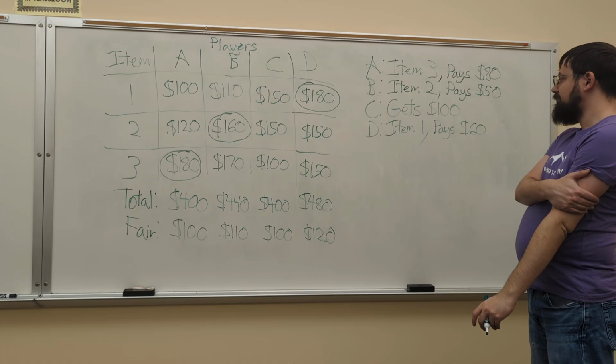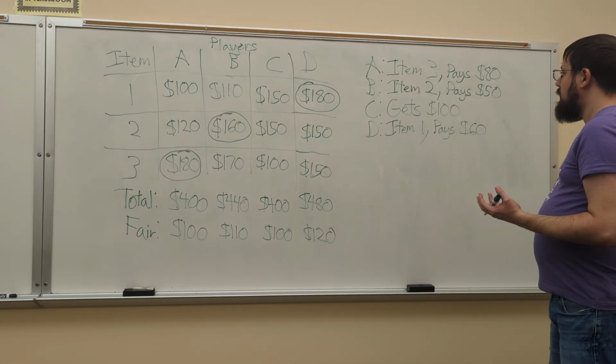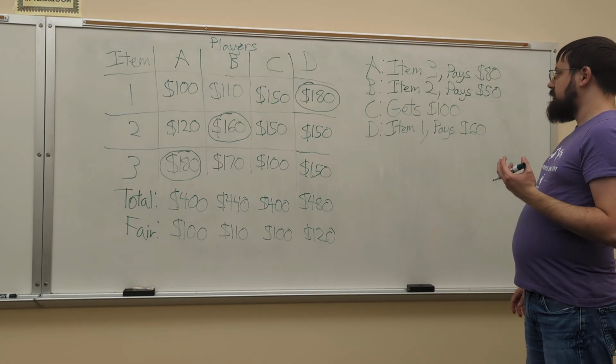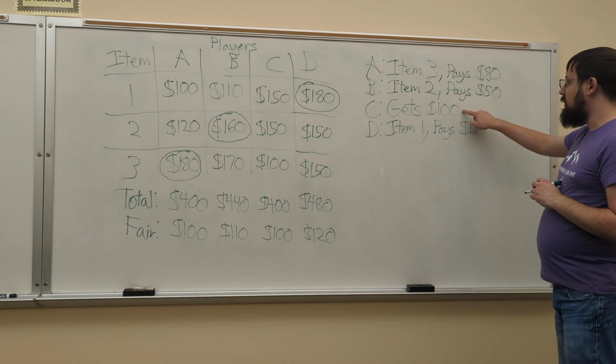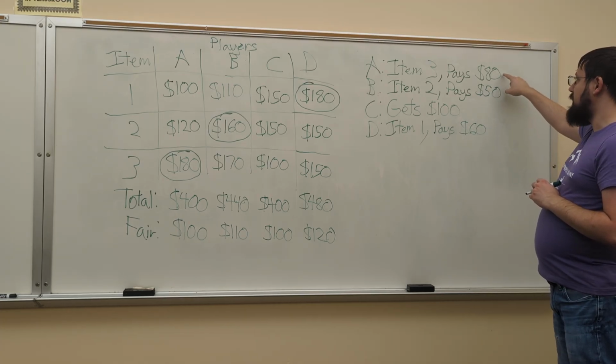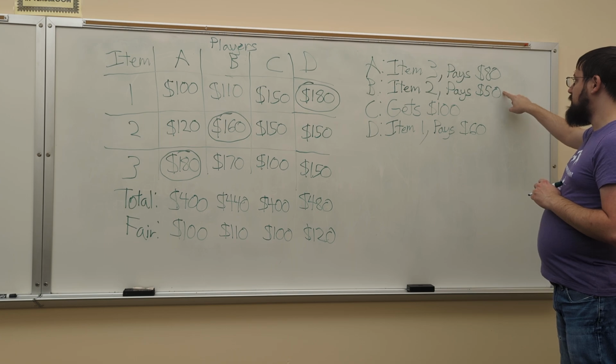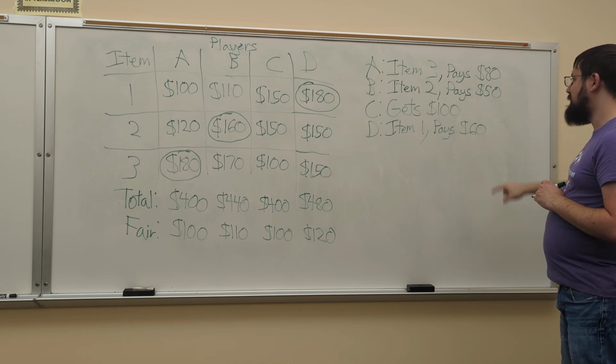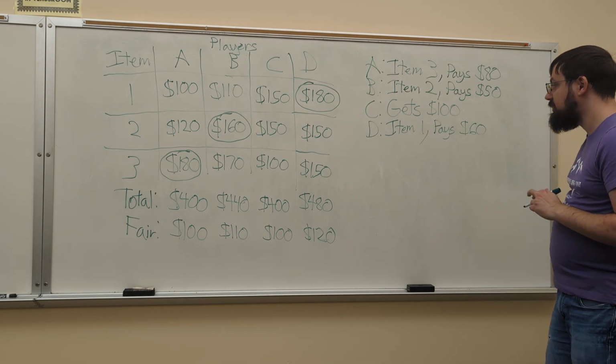All right. Now, one thing you might notice at this point is that C is getting $100, but the amount that's being paid in total is 80 plus 50 plus 60, so that would be $190.